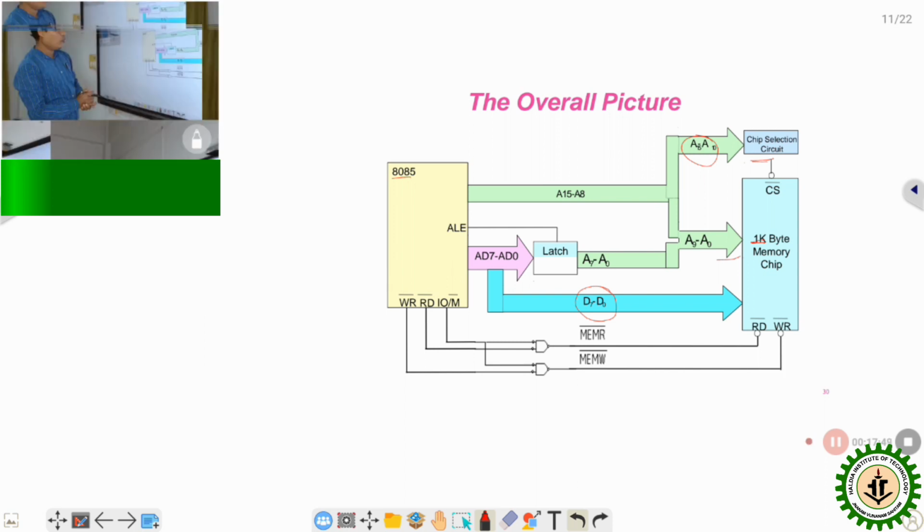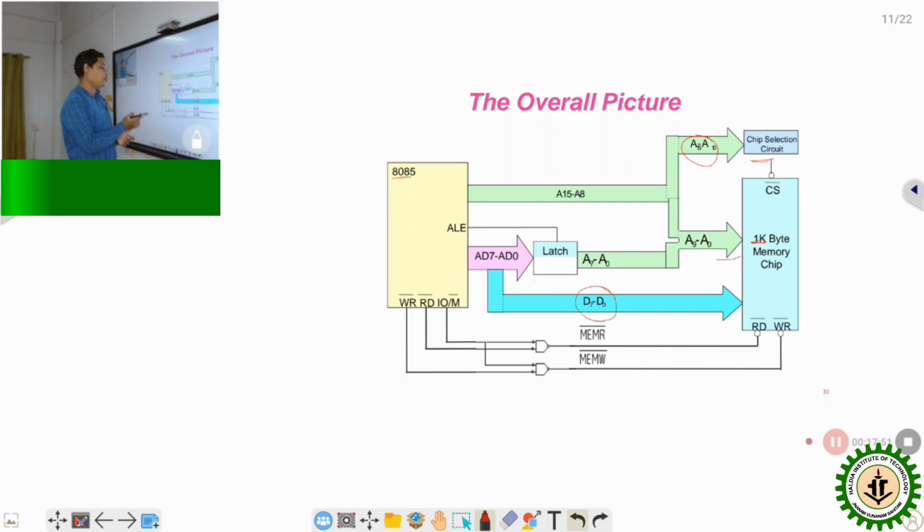And for the control lines, it was discussed in part 1 how to generate the memory read and memory write signals with the help of a NAND gate. Those signals are connected with the read line and write line of the memory chip. So that's how the memory is connected with the 8085 microprocessor.